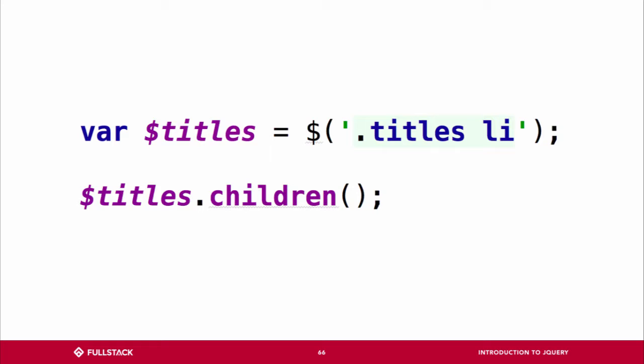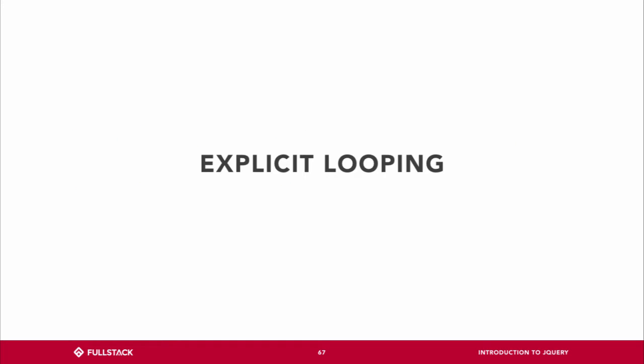So the other thing that we can also do is that when you end up getting something, you can get the children, which allows you to manipulate those elements as well. So there's also the idea of implicit looping and explicit looping.